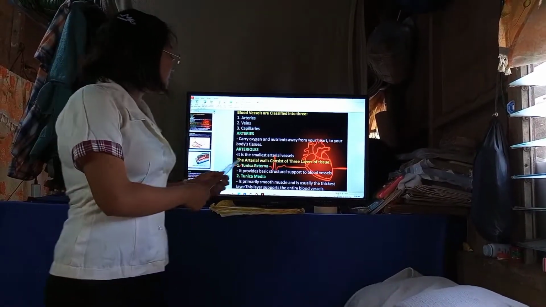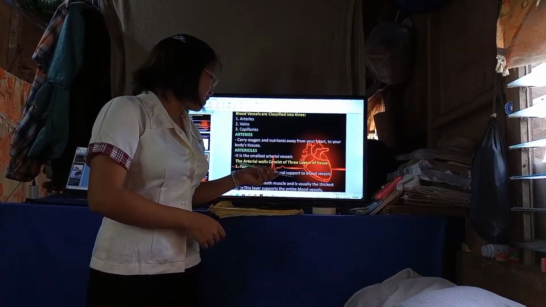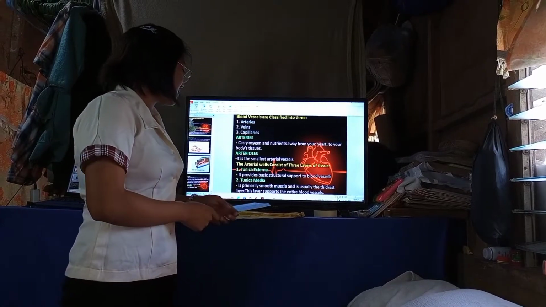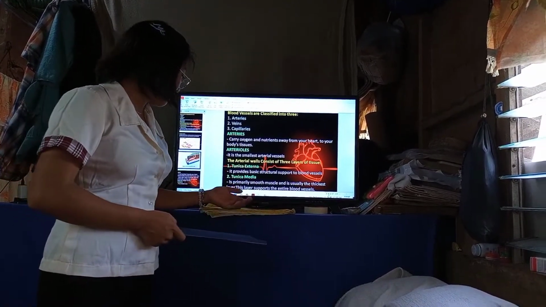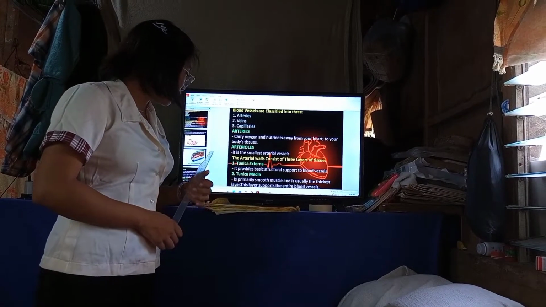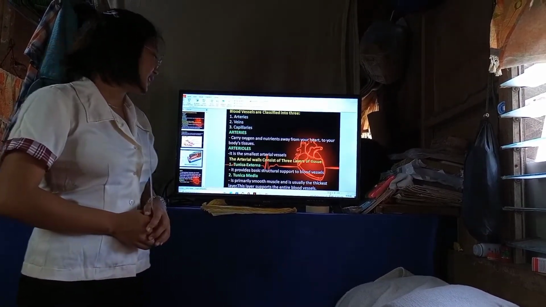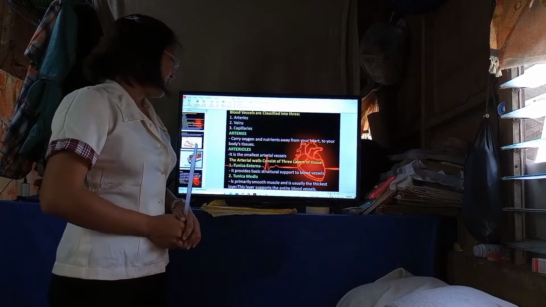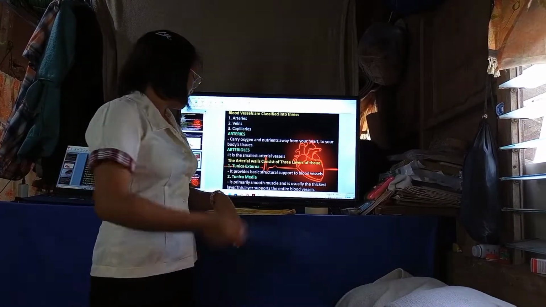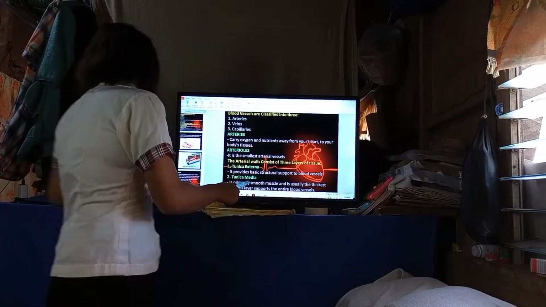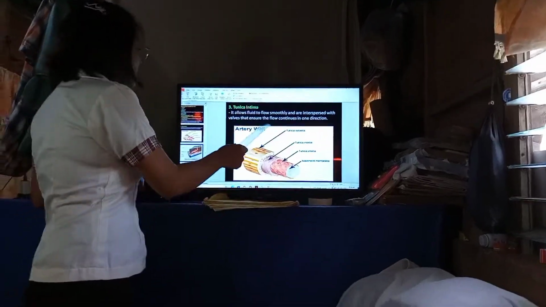So the tunica externa provides the basic structural support to the blood vessels, while the tunica media is primarily smooth muscle and is usually the thickest layer. It is the one that supports the entire blood vessel, while the last one is the tunica intima.